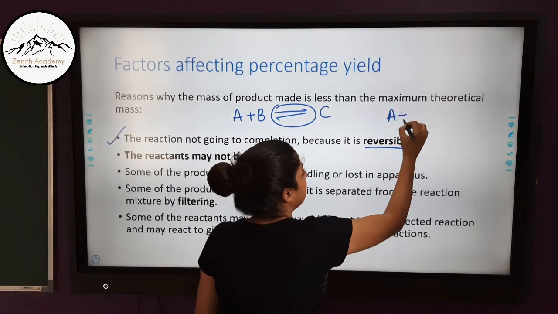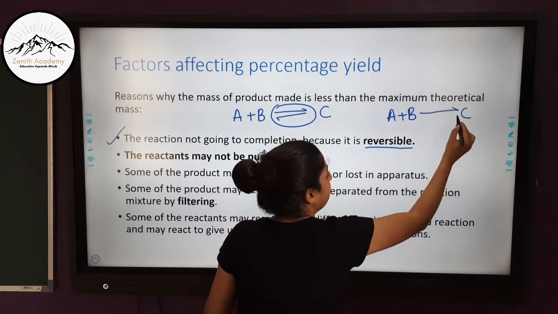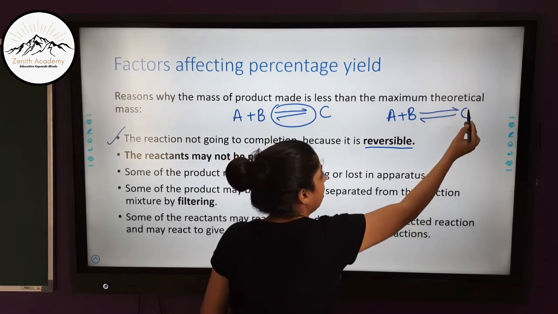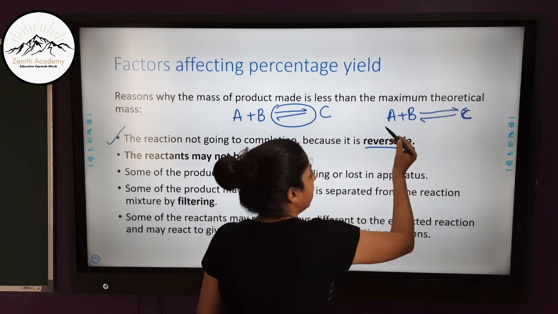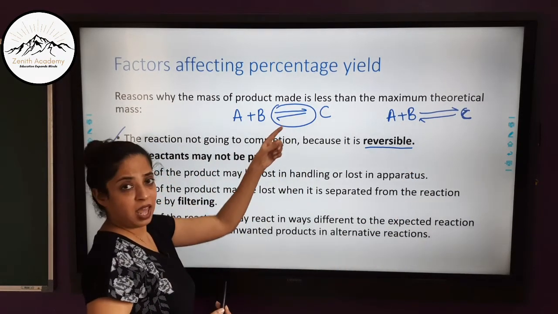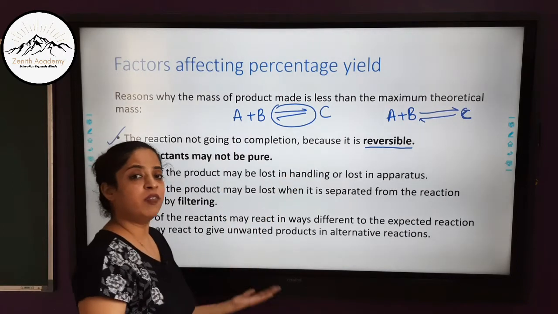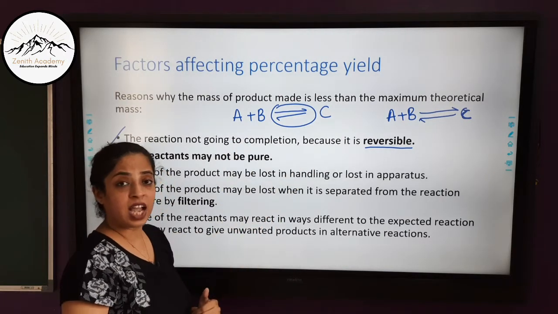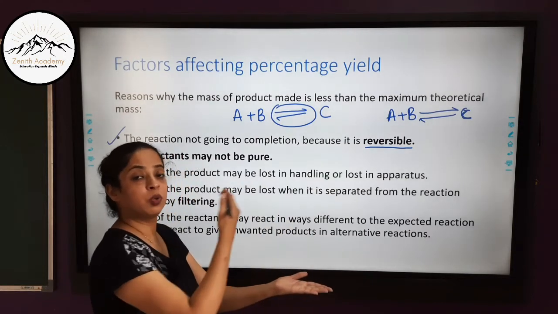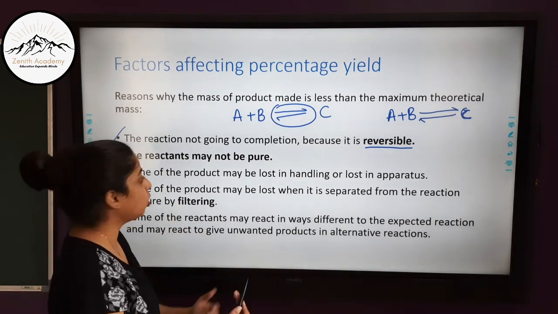If A plus B is reacting to form C, it is shown by one arrow, and if C is decomposing to form A and B back, that is shown by the other arrow. So a double-sided arrow shows that this is a reversible reaction. Whenever we are doing a reversible reaction, the products that are formed change back to the reactants. That is why 100% product is not obtained.